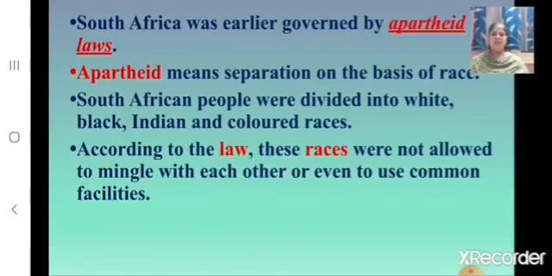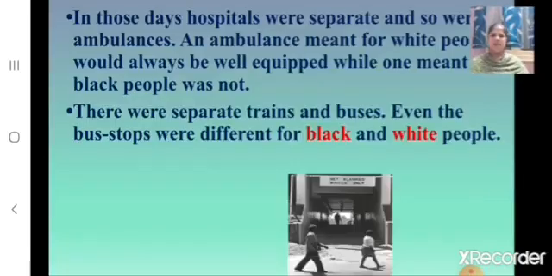On hearing all these things, Maya was not believing her ears. And when Maya's mother was telling her about all these things, she sounded angry when she spoke about life under apartheid. Her mother told her that in those days hospitals were separate and so were the ambulances.